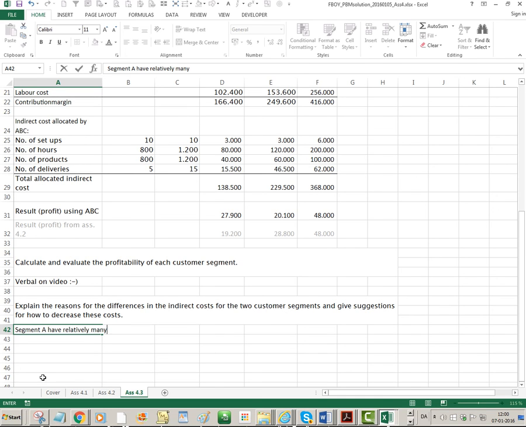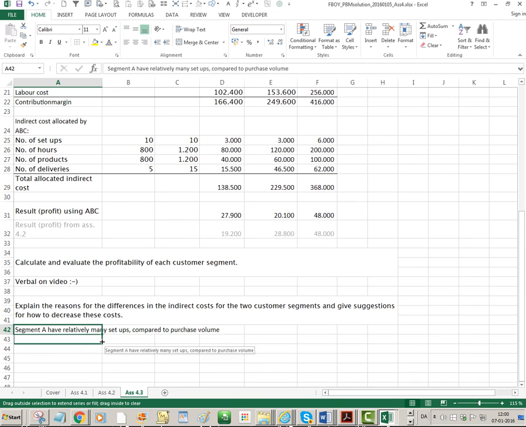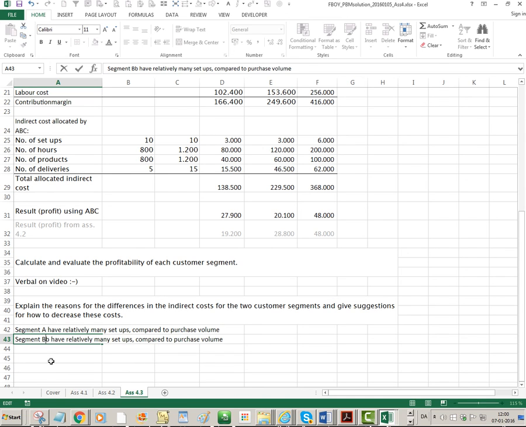Segment B has relatively many deliveries.